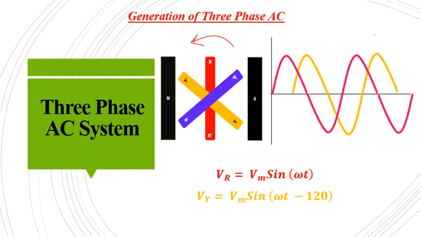Just like this. Then tracing towards the back, we can draw like this. So this is the voltage generated in the Y phase.